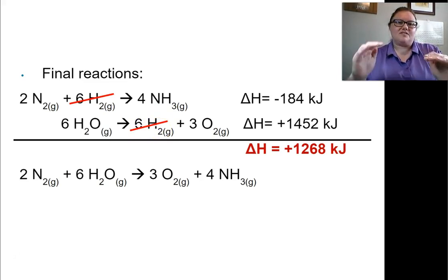So when they're on opposite sides of the reaction and they're the same number of moles, same chemical, in this case H2, you're going to cancel them out and they're going to disappear from the overall reaction.